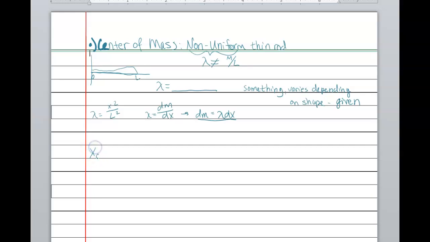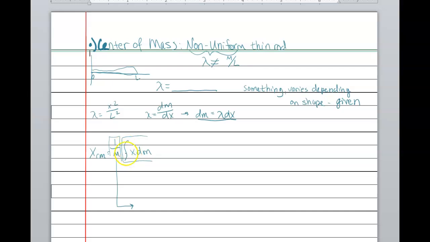So we still start with the same equation, but we have to break this into two parts. Before, our m canceled out when we plugged in m over L for lambda, but now it's not going to cancel out. So we're going to have to deal with 1 over m, but we'll do that later. So essentially, we deal with this and this separately.